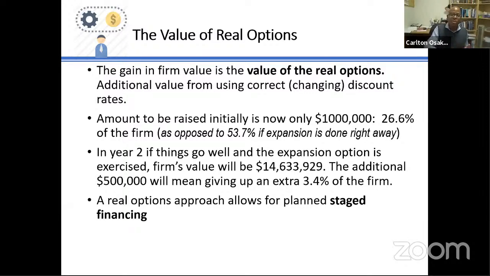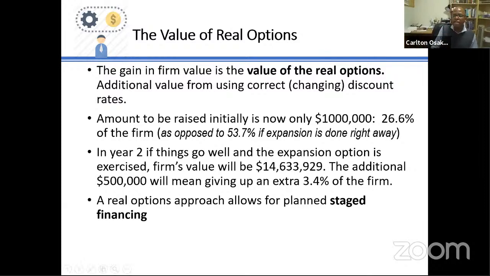And so most of the value of the firm actually comes from these expansion options that can happen in the future if things go well, which is why equity investors actually like staged financing. And my spiel here is to encourage entrepreneurs to look for staged financing as well, because it helps entrepreneurs as well.